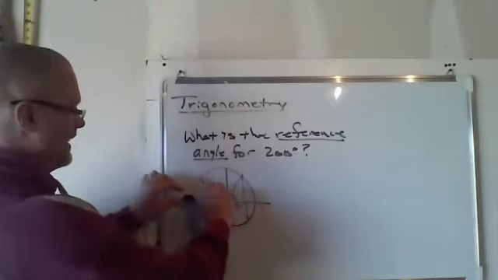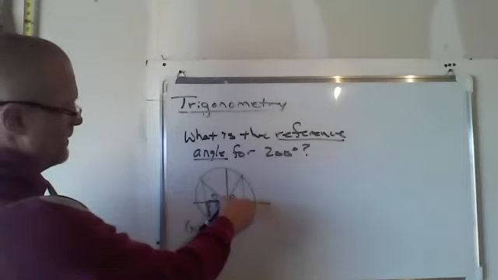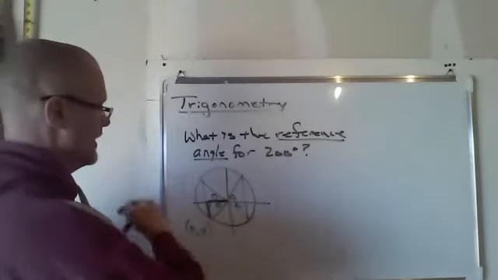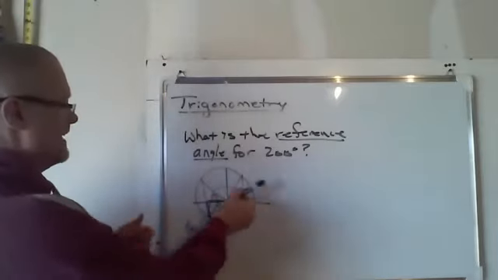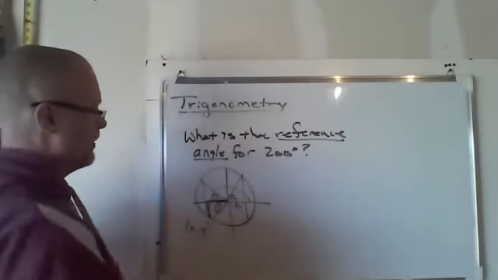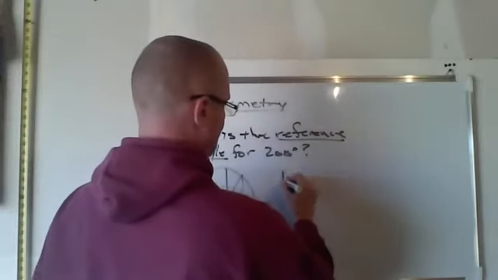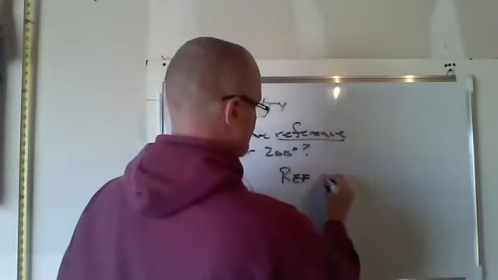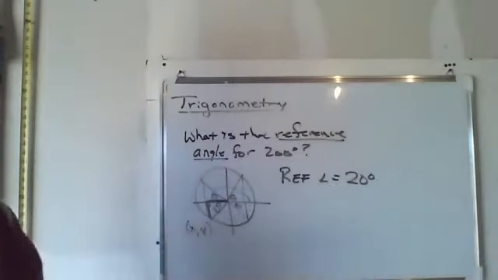I've gone 180 degrees and I have to go theta more. So what is that angle? I got to get to 200. Well, the first 180 gets me to here, so I only have to go 20 more. So that theta angle is 20. So the reference angle is 20 degrees.